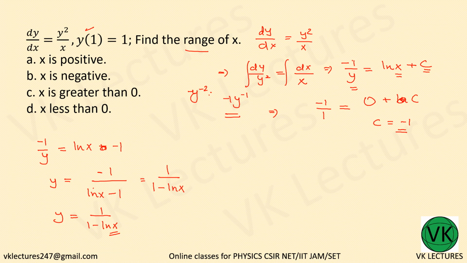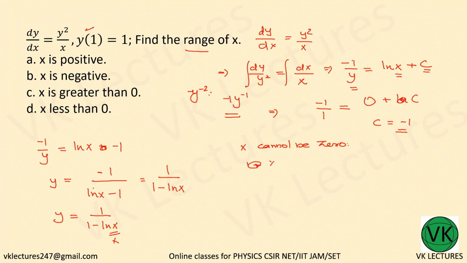Now immediately you can write x cannot be 0, right? Why? Because log of 0 we don't have. So this should always be giving you a positive value, log of a positive number.